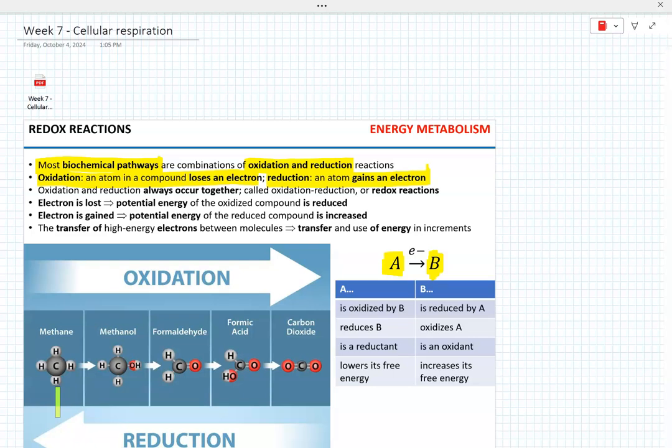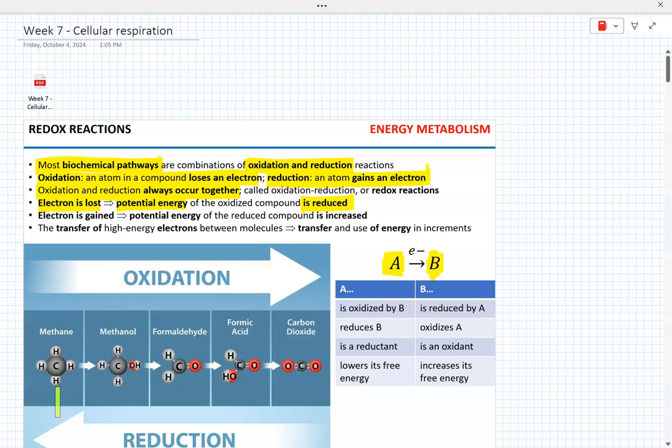Oxidation and reduction are always coupled, meaning they always occur together. Reactions in which processes of oxidation and reduction occur are called redox reactions. When an electron is lost, the potential energy of the oxidized compound is reduced.